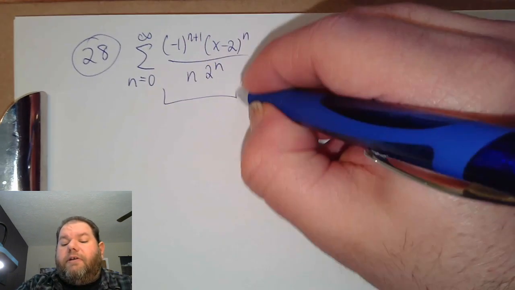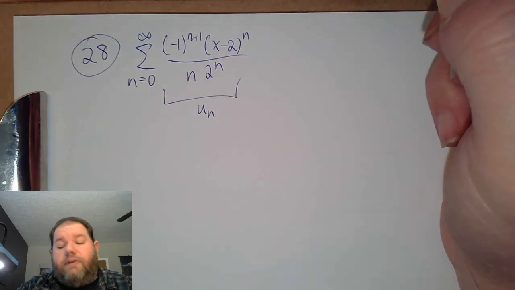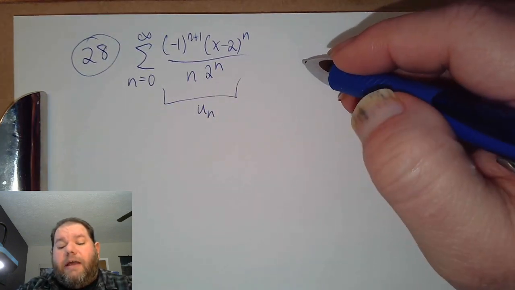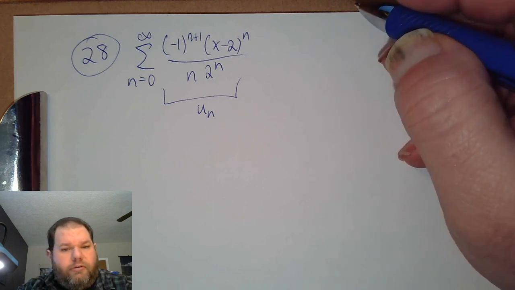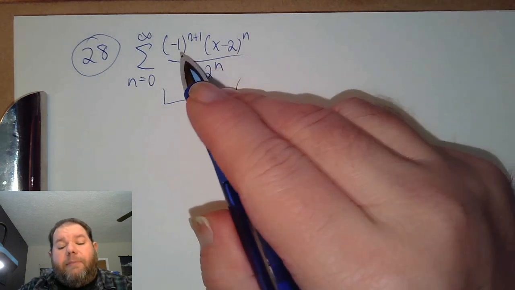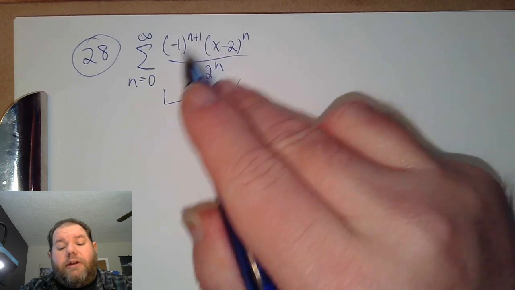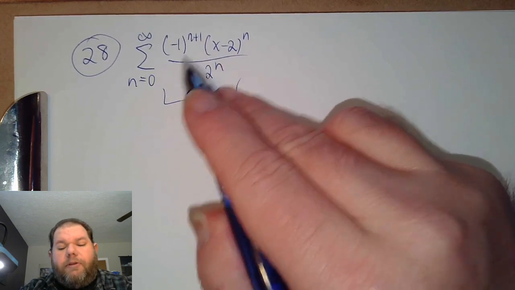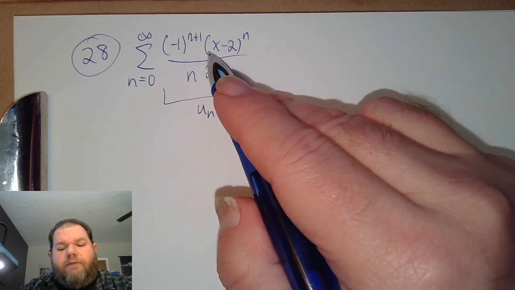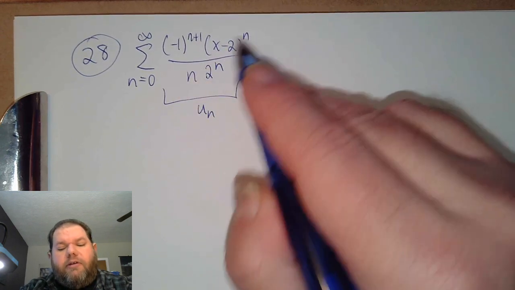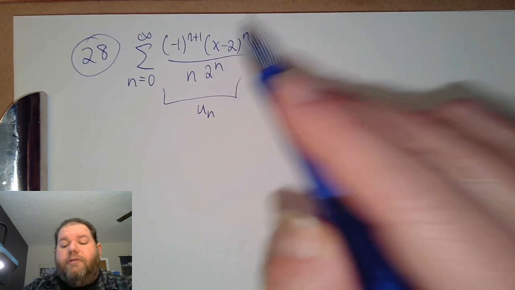Now, this is basically u sub n, we'll call it, and we want the absolute value of u sub n plus 1 over u sub n. Now when we take the absolute value, that's going to get rid of our alternating term, this negative 1 to the n plus 1. So we don't really need to worry about that term. We need to focus on the x minus 2 to the n over n times 2 to the n.